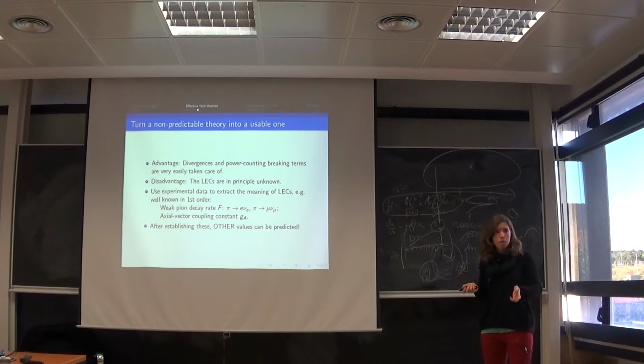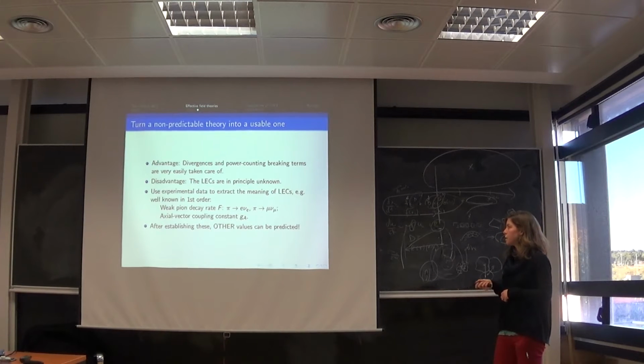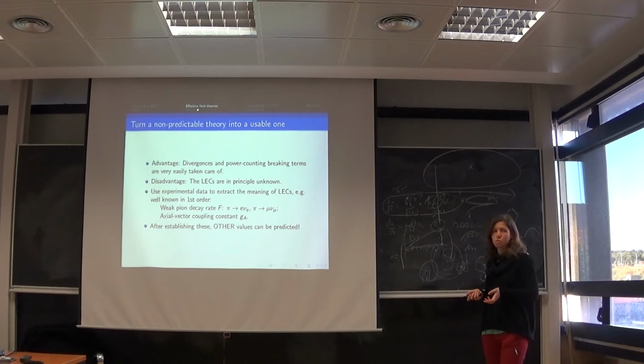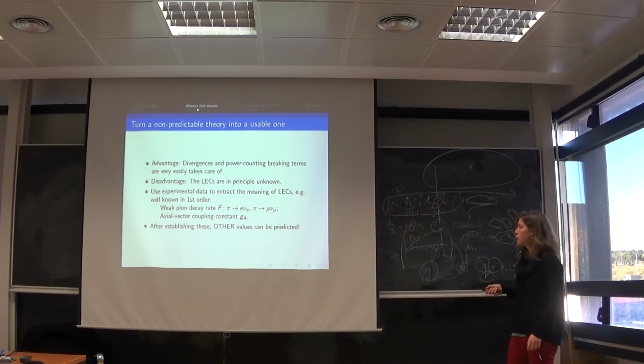So as I said, we need experimental data to fit the coefficients. And the thing is that this Chiral perturbation theory has already been used for decades, and experiments that underlie it or that are combined with it have also been done for decades. So at least for the first orders of the Chiral perturbation theory, we actually already know the constants that appear so well because of experimental data and many fits having been done, that we can use them without having to fit them anymore.